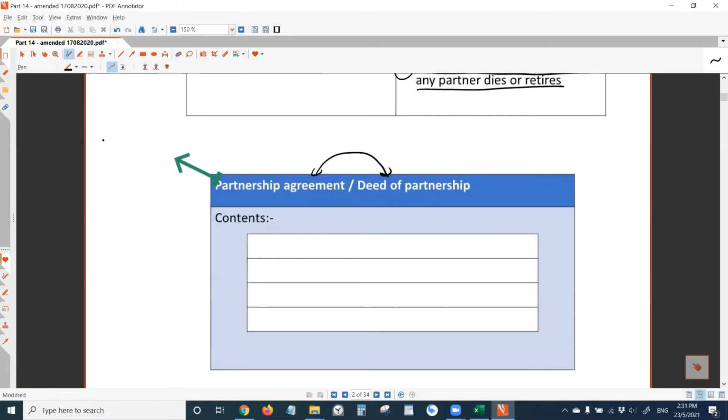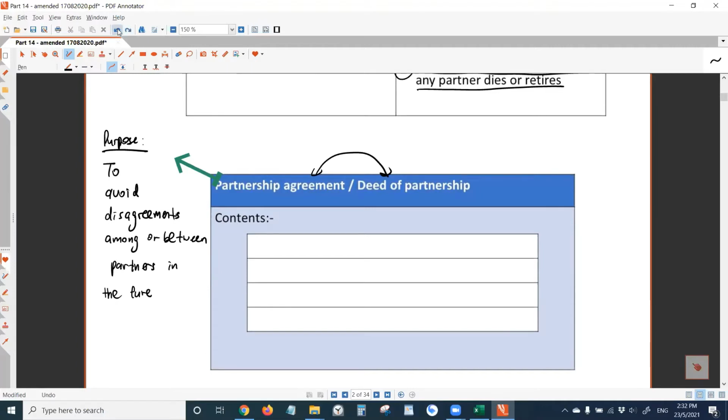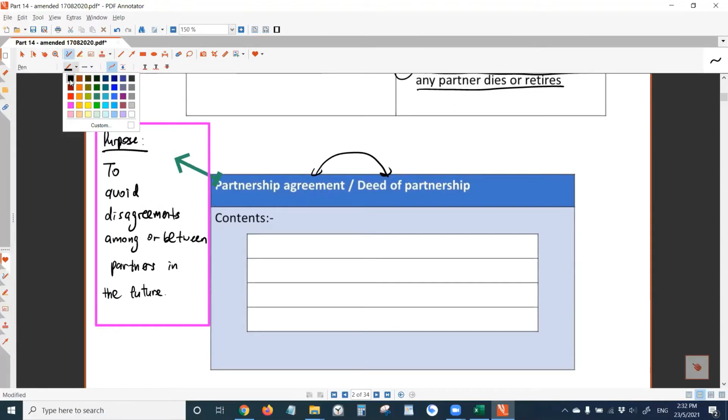You write down: purpose, to avoid... Okay, so that's the purpose. That's the benefit of having a partnership agreement.